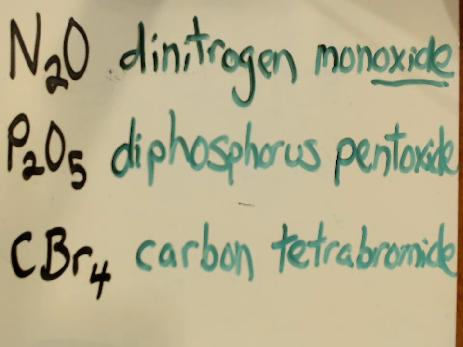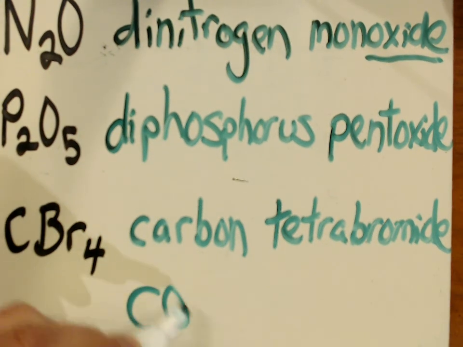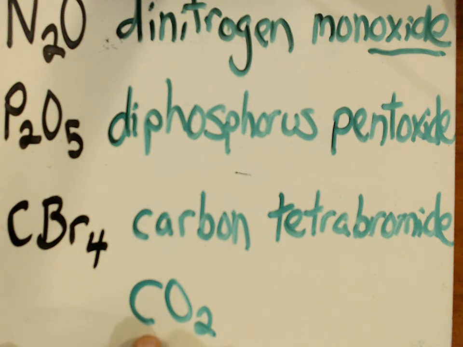Well, here's probably the only real rule that you need to remember. And that rule is that when the first element only has the invisible subscript of 1, we do not use the mono. That's right. And you probably all knew this already because you all know this compound from biology and elementary school. What is this called? Carbon dioxide.